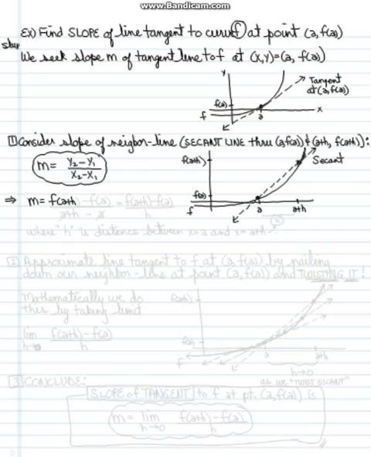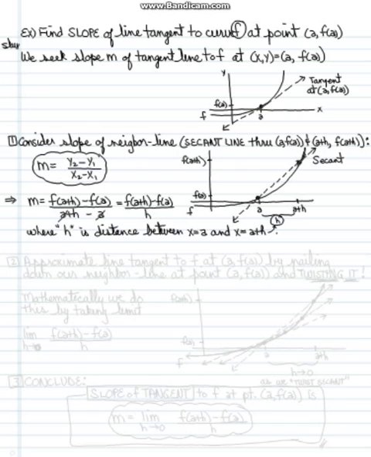So the slope is f of a plus h minus f of a over the difference in the x values, a plus h minus a. That gives us f of a plus h minus f of a over h, where h, if you look at the sketch, is just the distance between our two x values, x equals a and x equals a plus h.